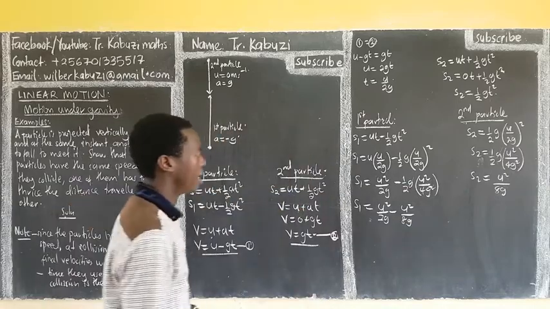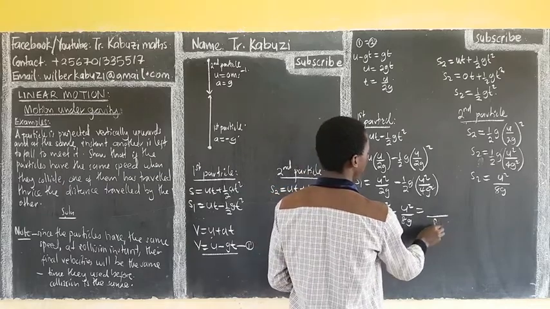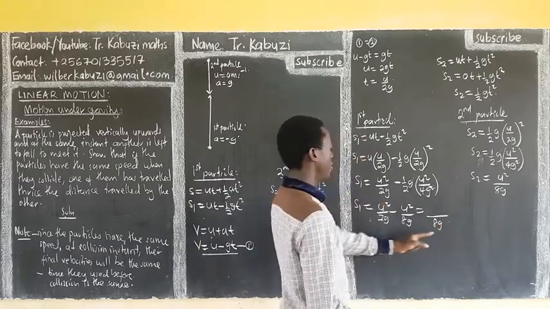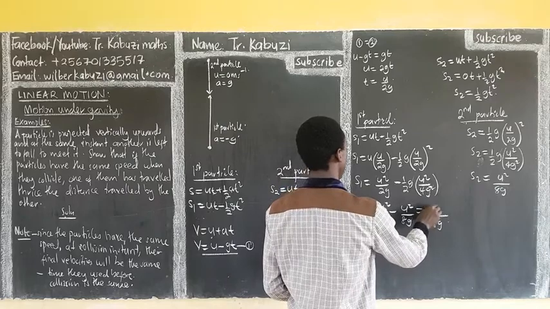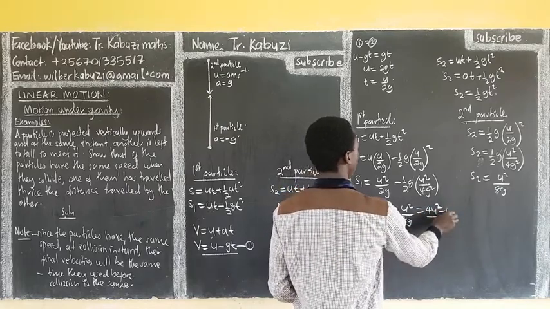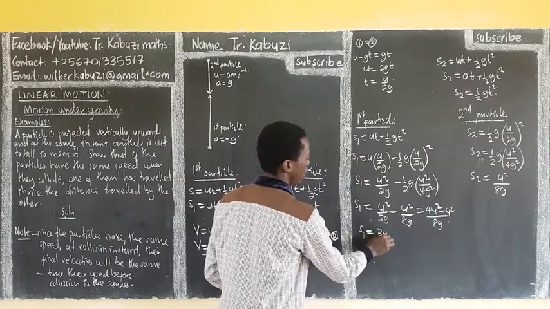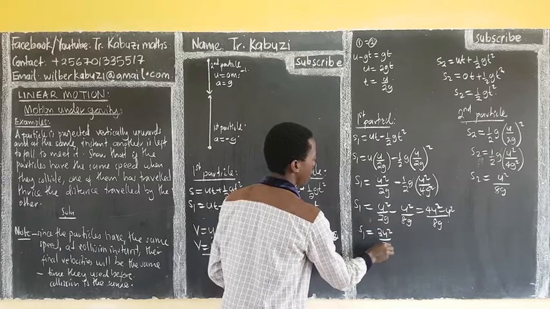To simplify, we can get the LCM, which is 8g. So this one goes here 4 times. So this will be 4u squared, then minus u squared. So our S1 is going to be 3u squared over 8g.